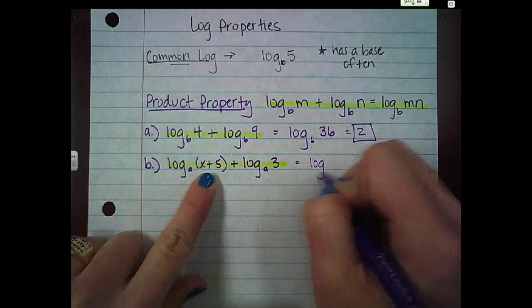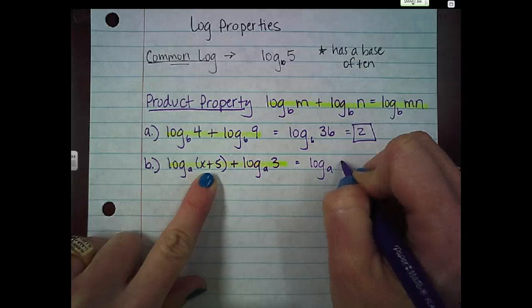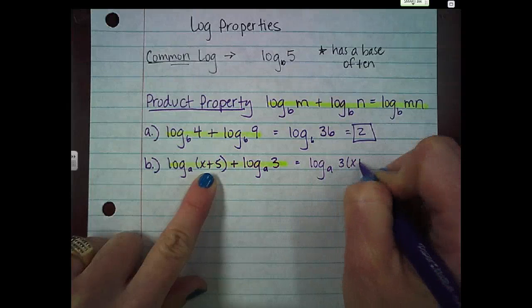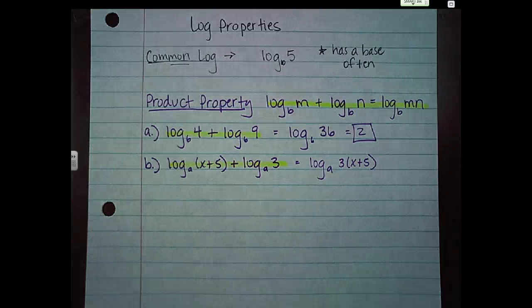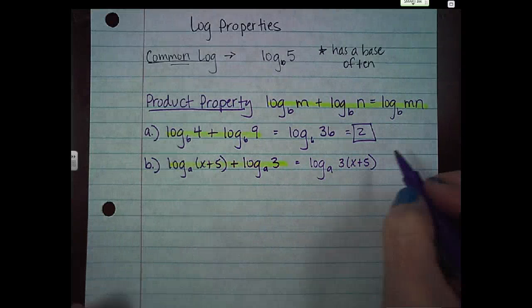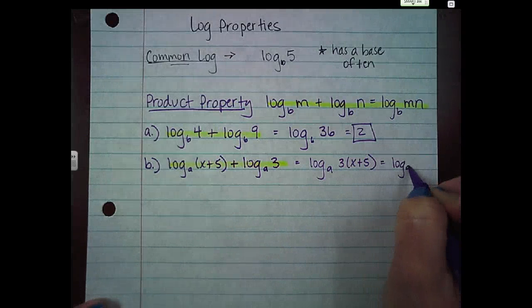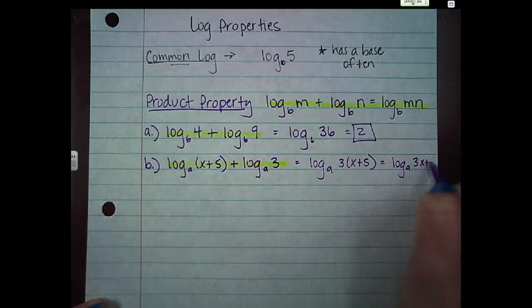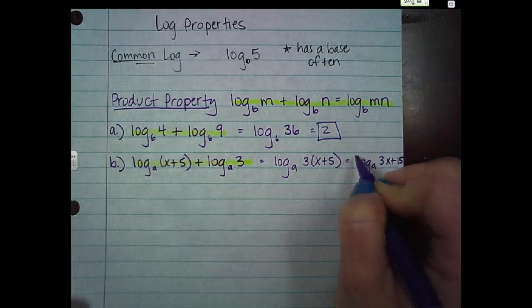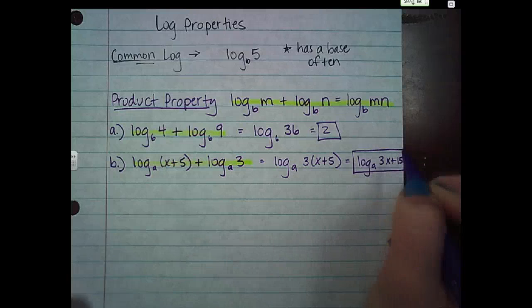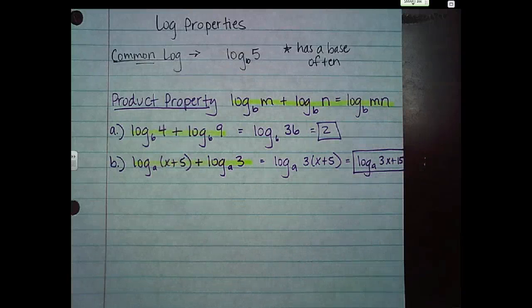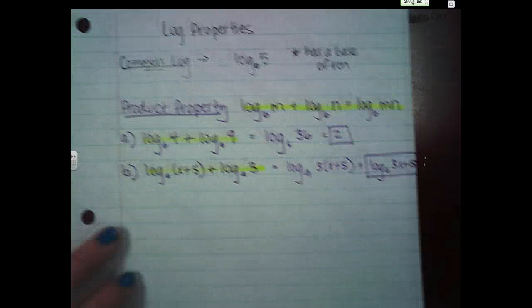So this would be log base A of 3 times x plus 5. Now you're going to distribute that x plus 5, so you end up with log base A of 3x plus 15. That one is not as pretty as A. It's a little messier. So that is the product property.